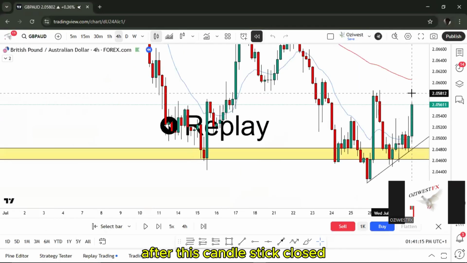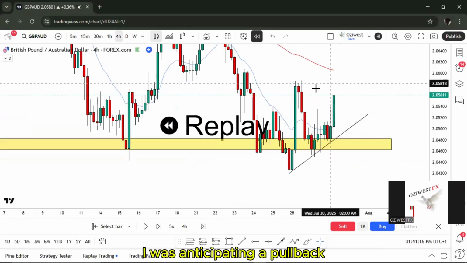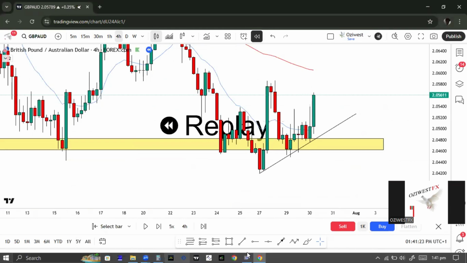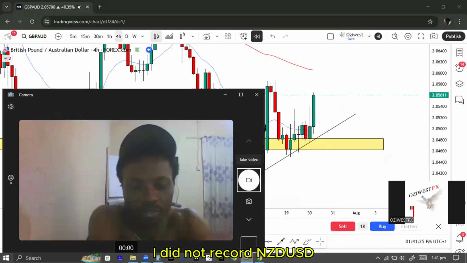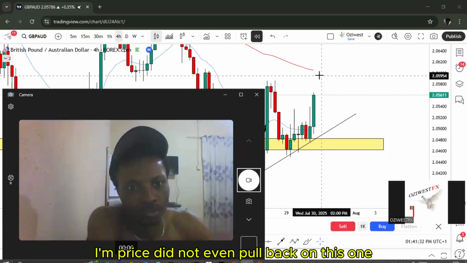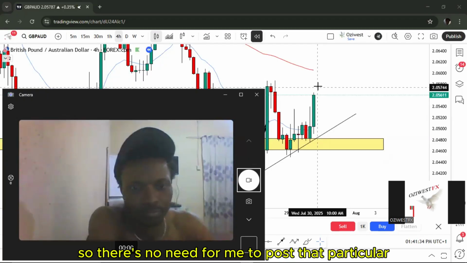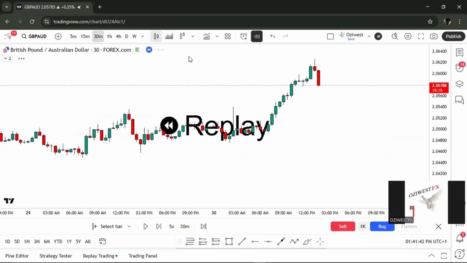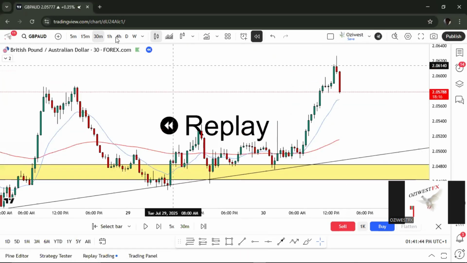After this candlestick closed, I was anticipating a pullback, so I was busy recording this one, and I did not record NZD USD. The price did not even pull up on this one, so there's no need for me to post that particular recording because there was no pullback on that one.